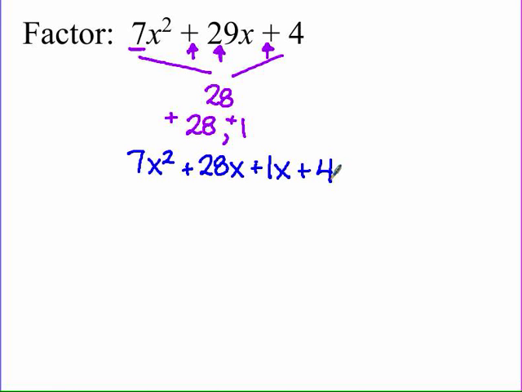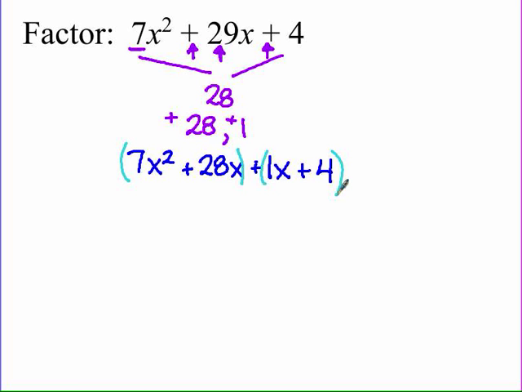Now, we learned when we had 4 terms how to factor this. How do we factor when I have 4 terms? Group them by 2's. That's why we learned how to group them. What do I take out from the first bunch?